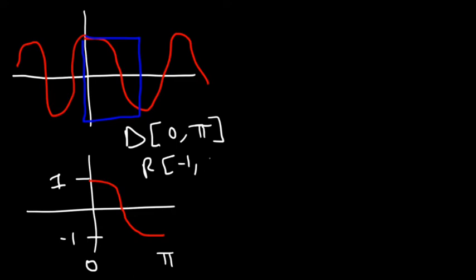Now I have taken the domain of cos x, and here I have taken the domain of cos inverse. Now if I draw this green line, you can see it is cutting the curve at one and only one point.